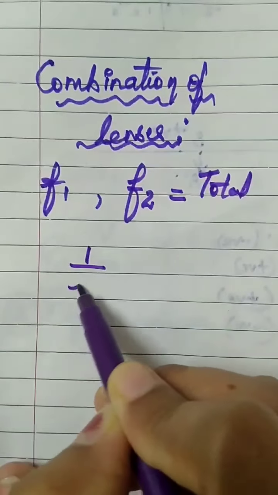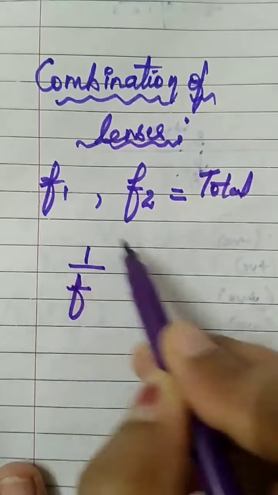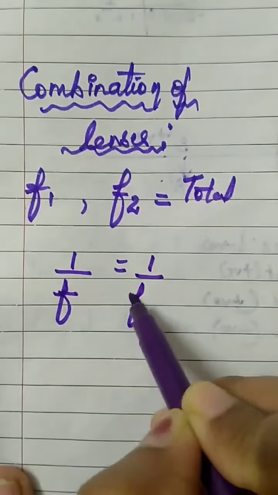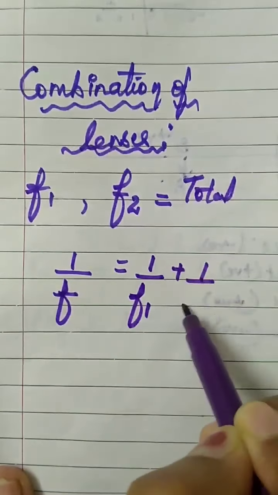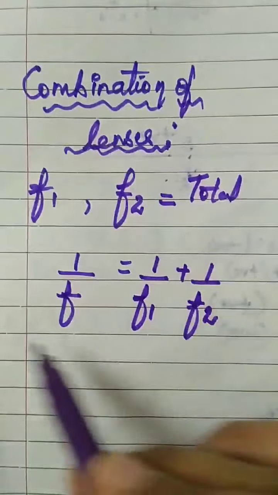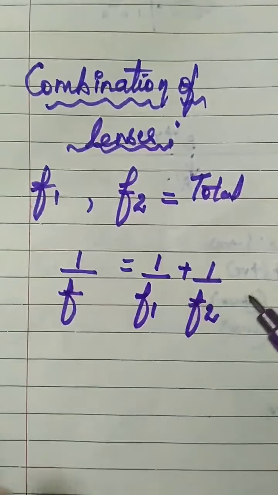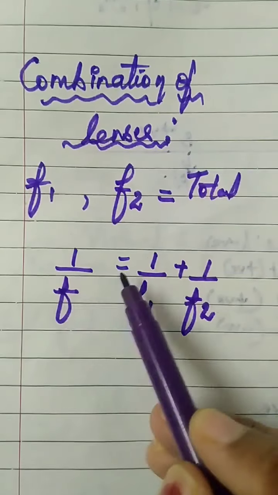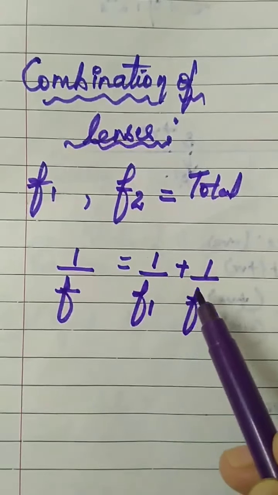The formula is 1 upon effective focal length, effective means total, is equal to 1 upon f1 plus 1 upon f2. Can you remember a formula which is similar to this? The resistance in parallel, same way. 1 upon f is equal to 1 upon f1 plus 1 upon f2.